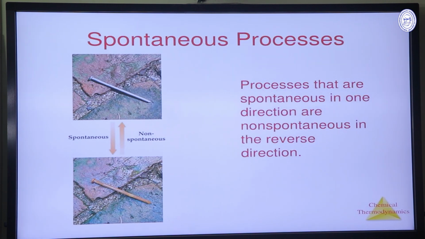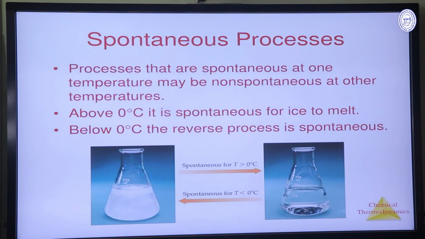So, the processes that are spontaneous usually occur in one direction. That is what I mentioned as mostly irreversible, and are non-spontaneous in the reverse direction. The processes that are spontaneous at one temperature may be non-spontaneous at another temperature.